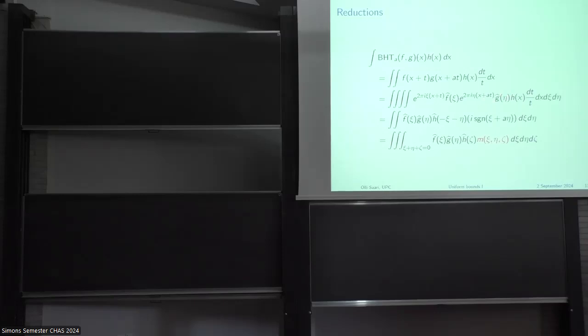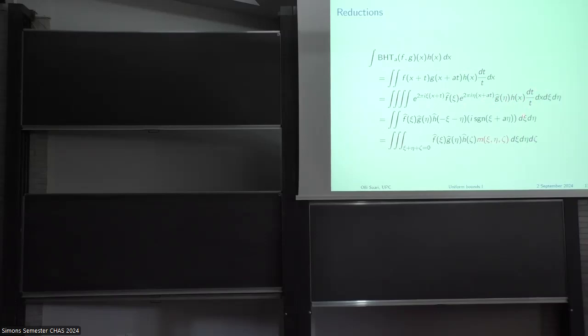Then we integrate away, first of all, this eta variable, this x variable, and then we will see also the Fourier transform of the Hilbert kernel appear. So this is just distributing these complex exponentials in the right way.